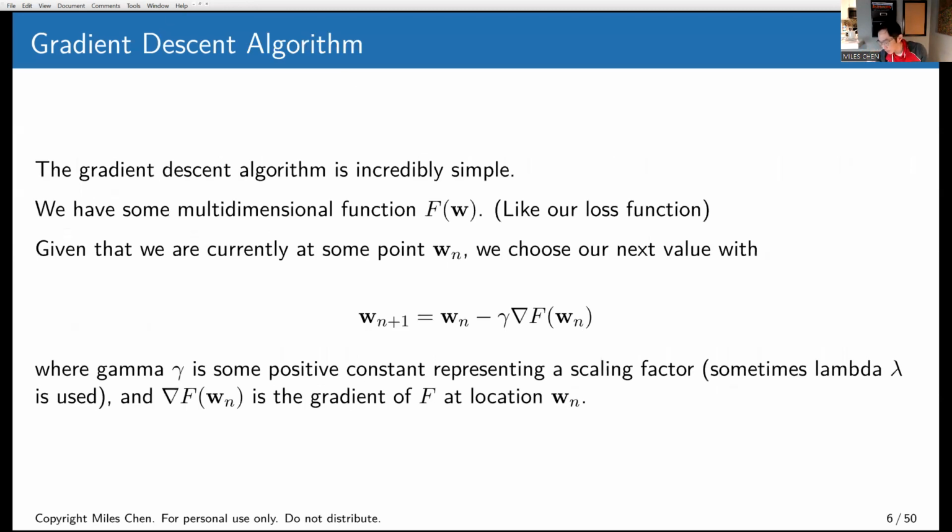And so when we write out the gradient descent algorithm, it's very, very simple. We have some multidimensional function where you input a vector. In this case, we're inputting our vector of weights. For linear regression, our vector of weights is just the intercept and the slope.